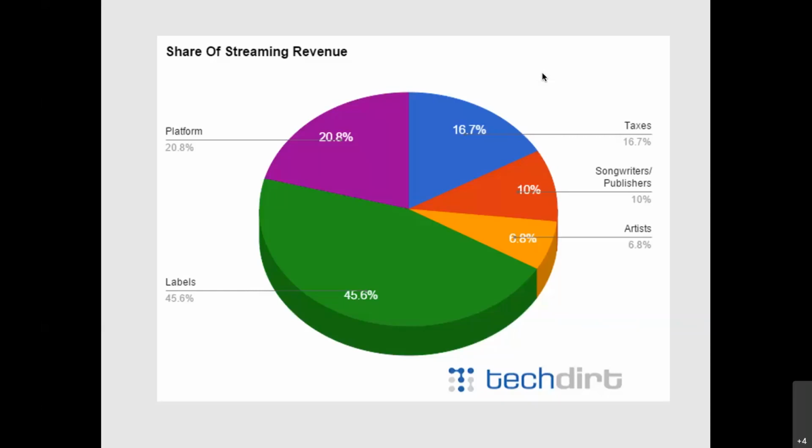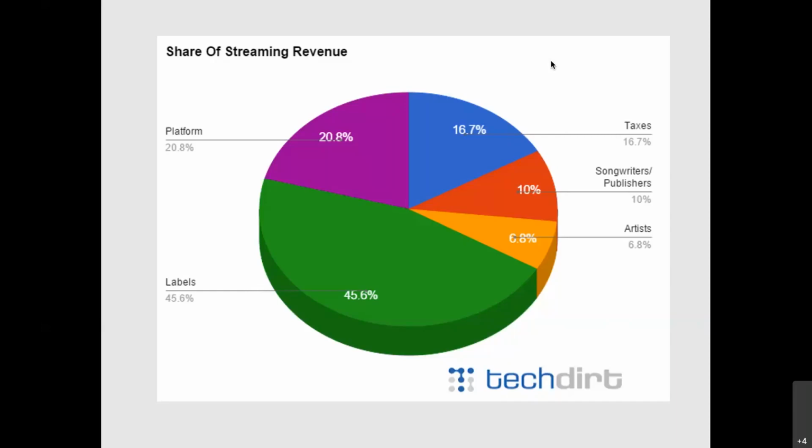And if we look at the share of streaming, we can see that lots of different things go on when the money comes in. The label makes about 45%. The artist makes a percentage as well. I've mentioned 4%. It might be higher. I've seen them as high as 20%.